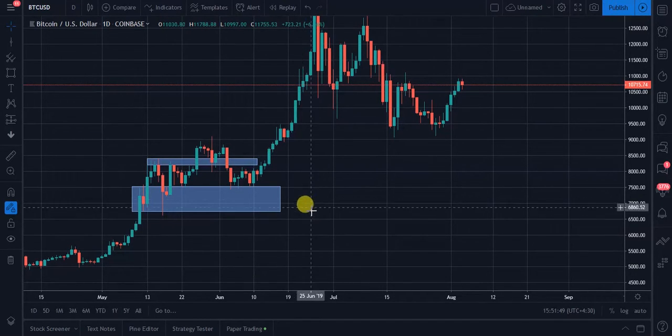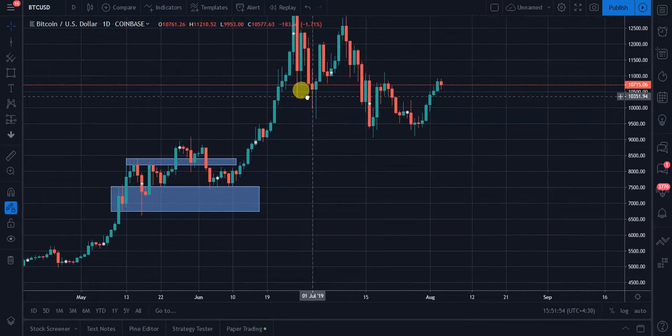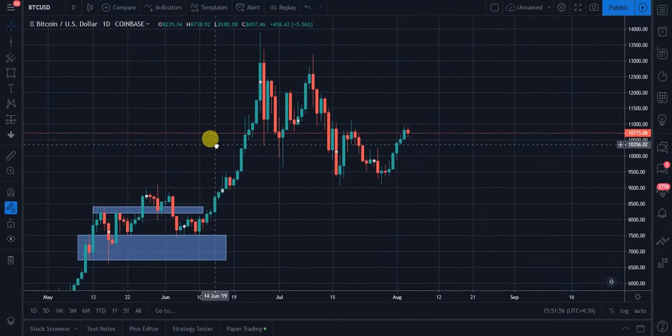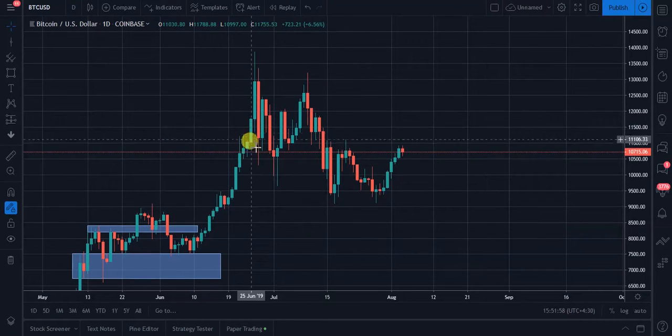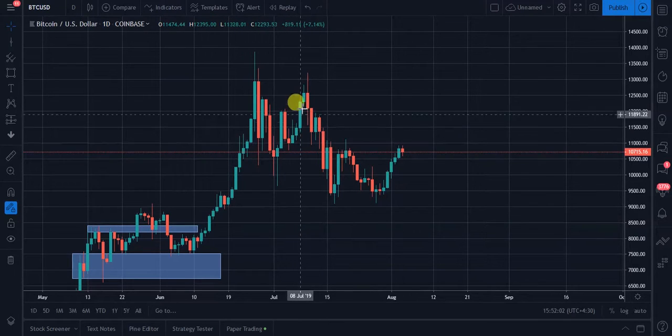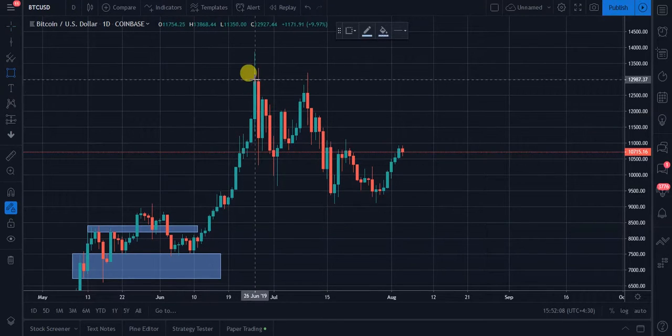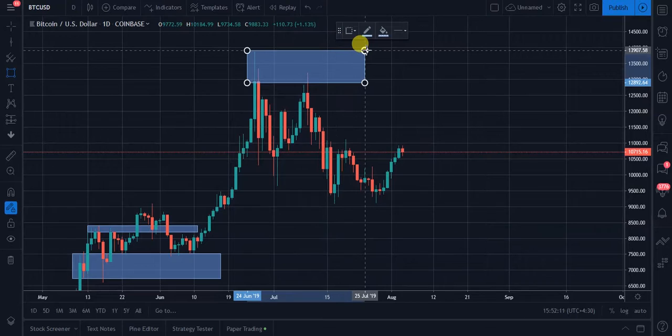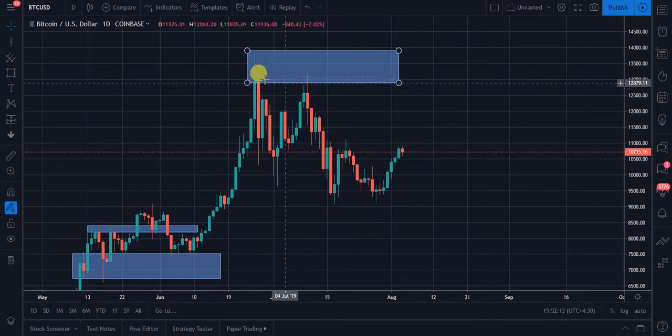This support tends to become resistance in the future. Okay, so I can show you an example here. A lot of range market here, a lot of volatility. So this is our highest level now.